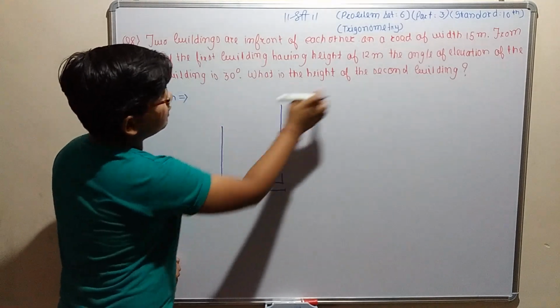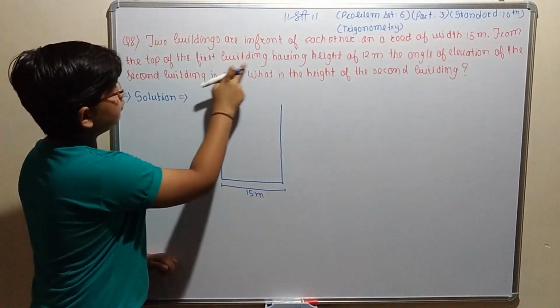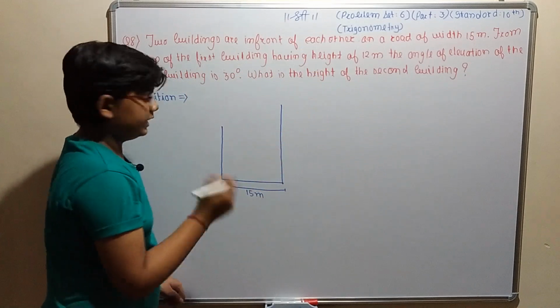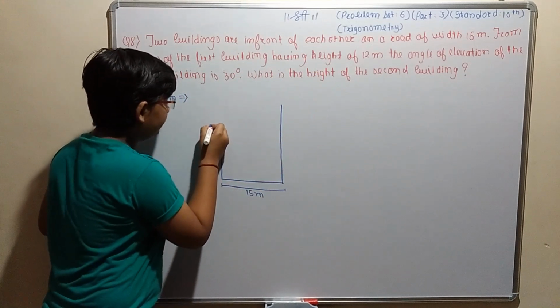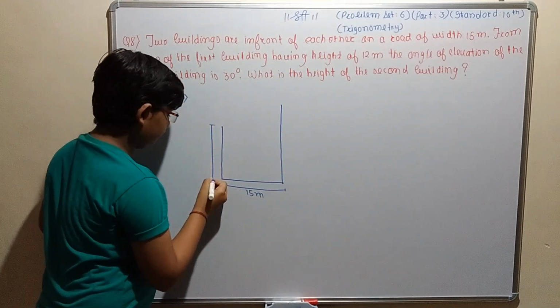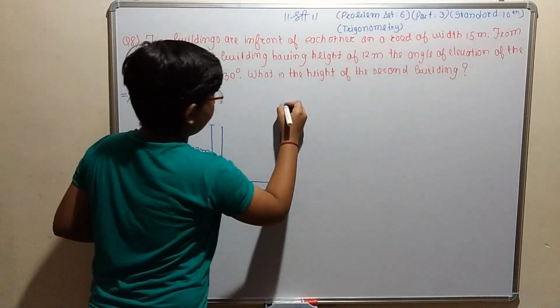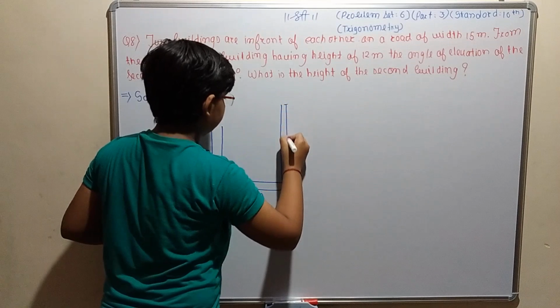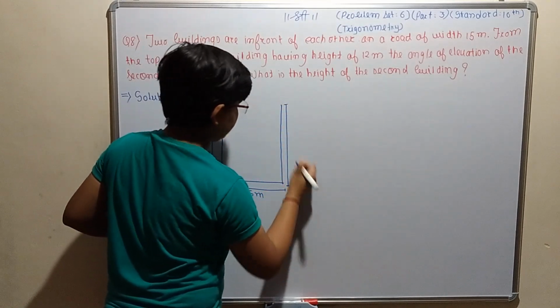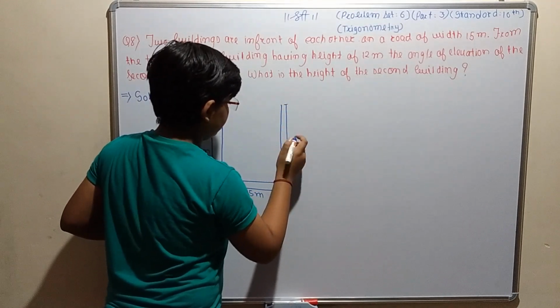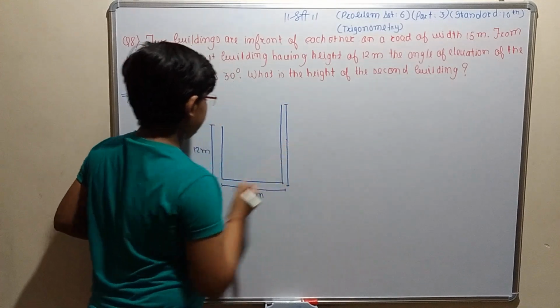Now they have given that the height of the first building is 12 meters. This is 12 meters. And we have to find the height of this second building.